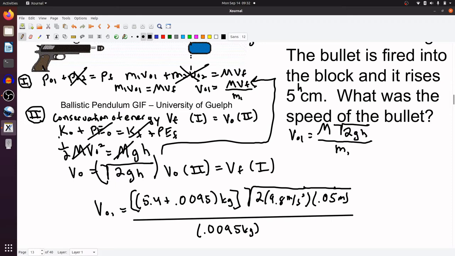So over 1,000 miles an hour, pretty fast. So this is an example of where we can use the conservation of energy and the conservation of linear momentum, put them together to solve problems where we have more than one missing variable.